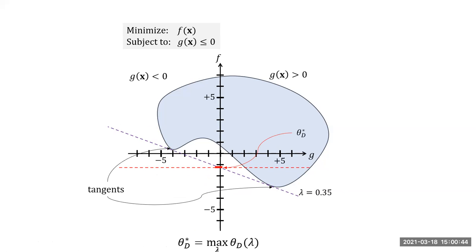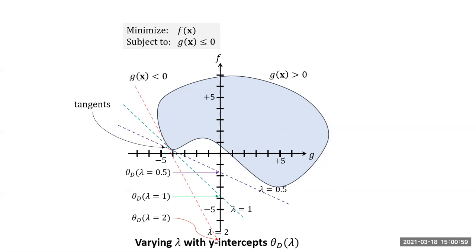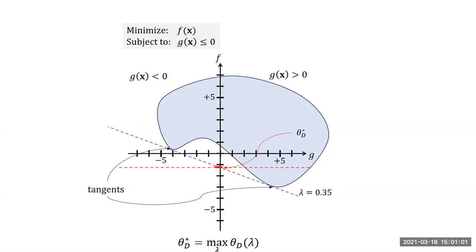And this is theta d star for lambda equals 0.35. What would happen if I reduced lambda further? Maybe lambda equals 0.25.